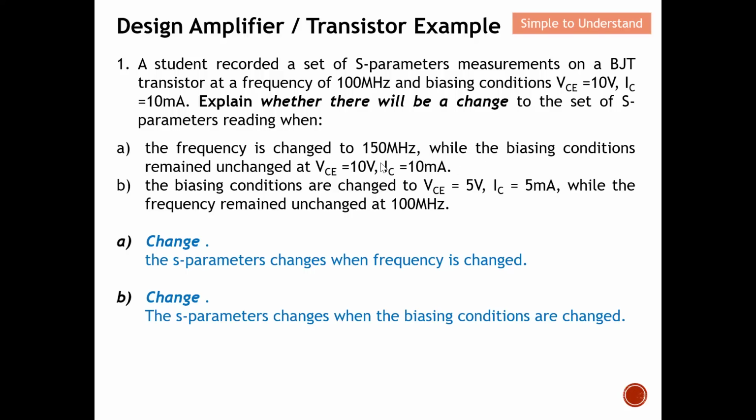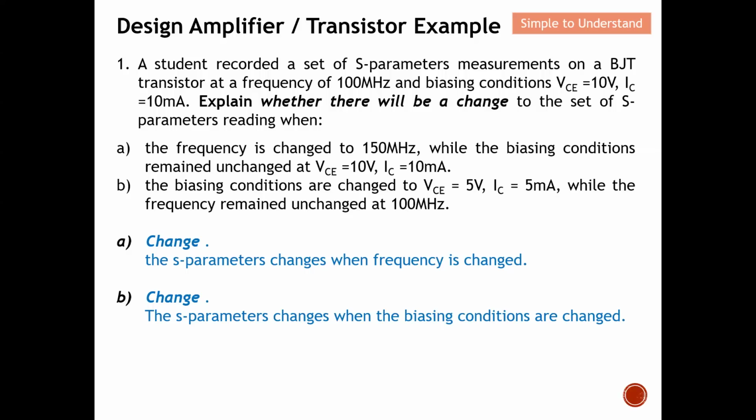What will happen if we purely just change the frequency? You can see that the S parameters in fact will change, because the values of S parameters depend on frequency. So when frequency changes from 100 megahertz to 150 megahertz, the S parameters will change.